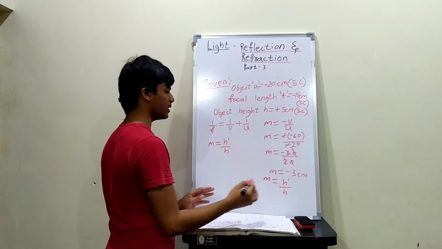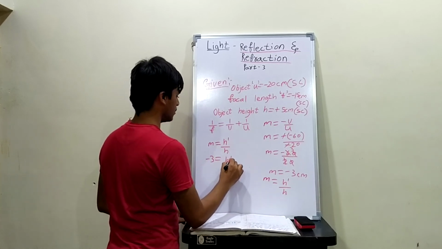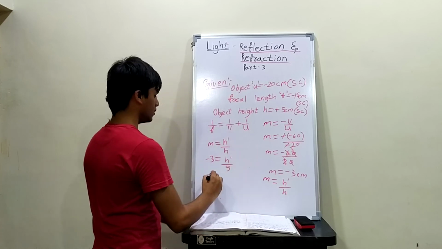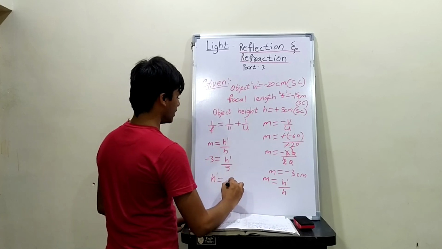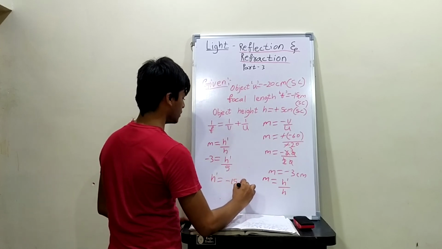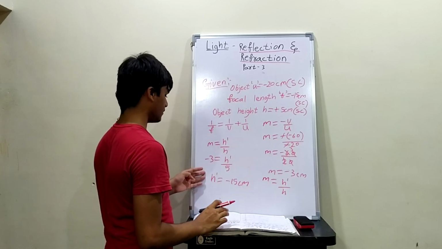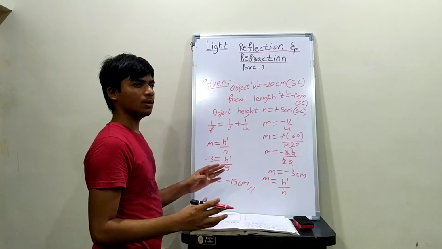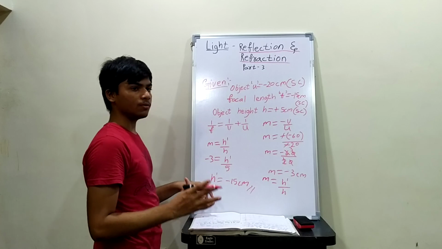Let's put our values here. Okay, so here the size of the image we are getting as minus 15 centimeter. So this is the size of the image. I hope you guys understood how we used all the formulas and solved this sum. So this is the height of the image, h dash, don't forget this.